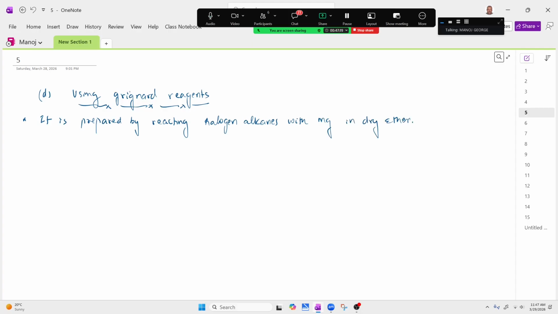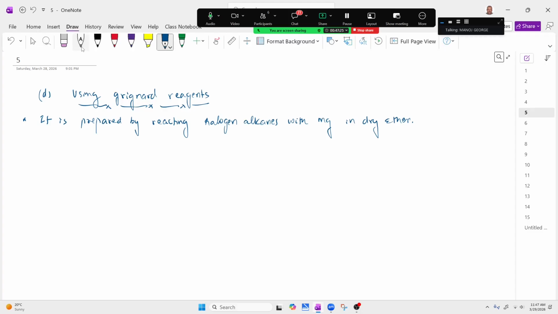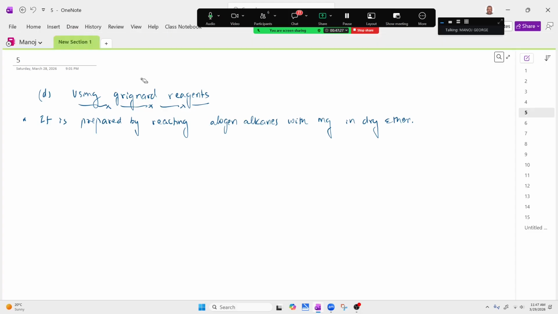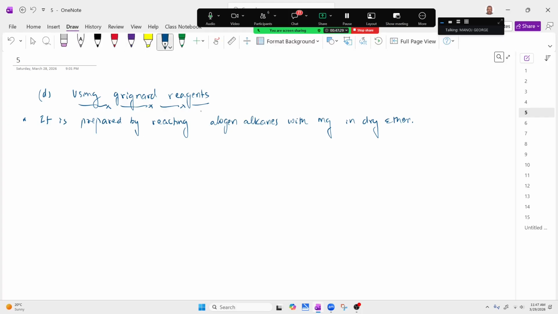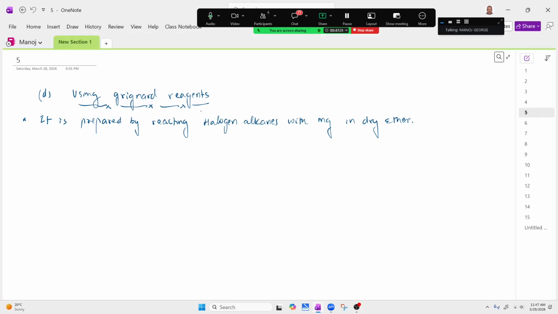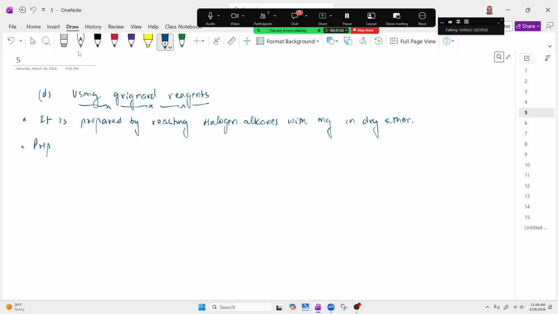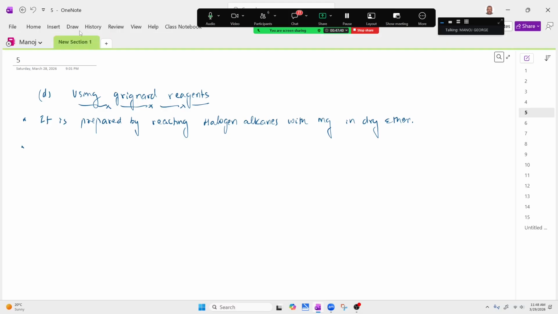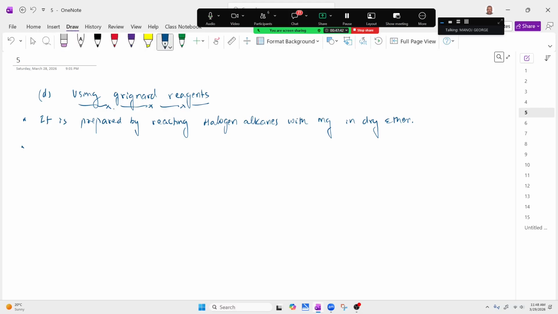First of all, this is how we make a Grignard reagent. Now the halogen alkane, there's a little extra information for you. The most preferred halogen alkane. I'm going to give information step by step and then tell me if we need more clarification.